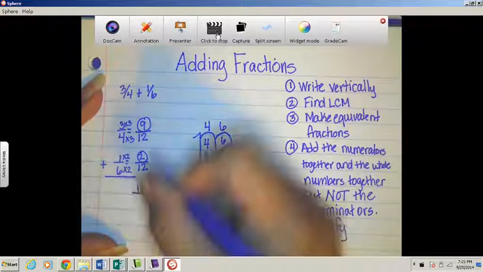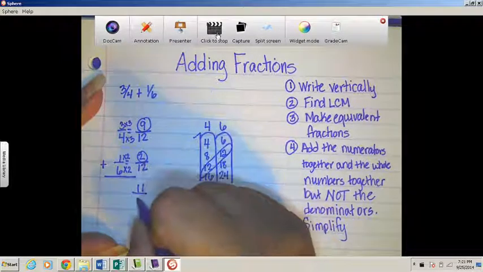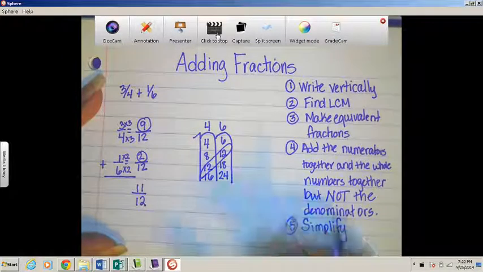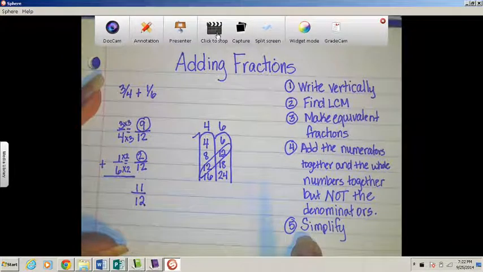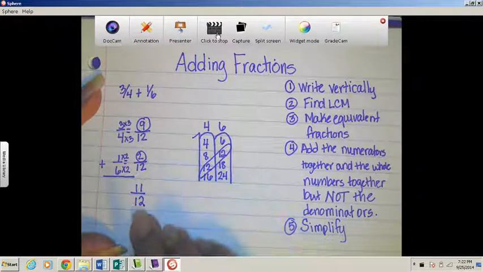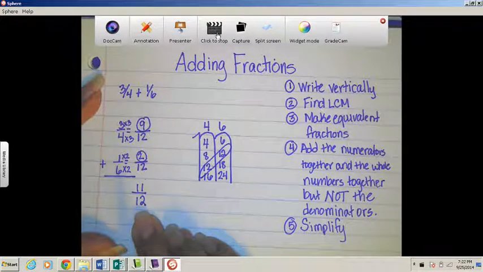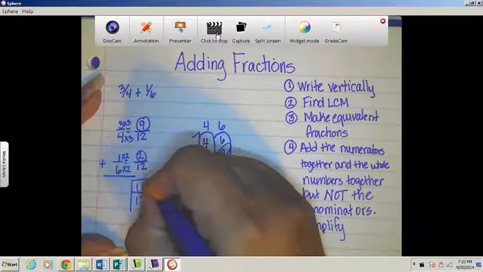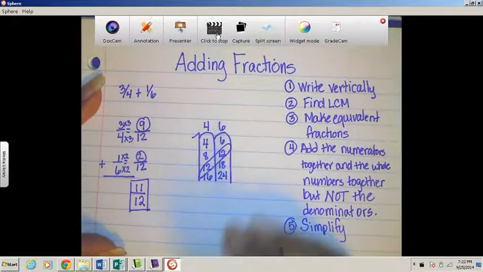I don't add the denominators, I just bring the denominator down. Finally, you simplify. You find the greatest common factor and you divide. This fraction doesn't need simplification. It's in its simplest form.